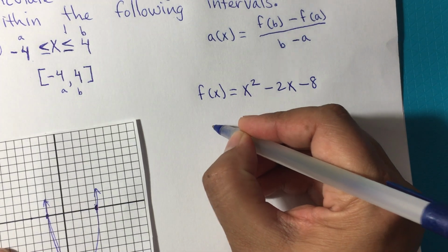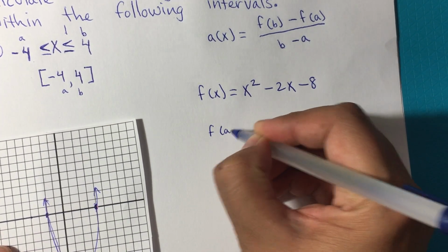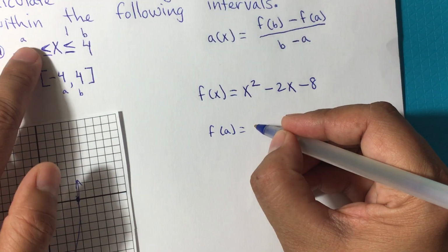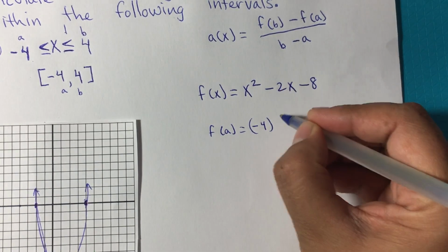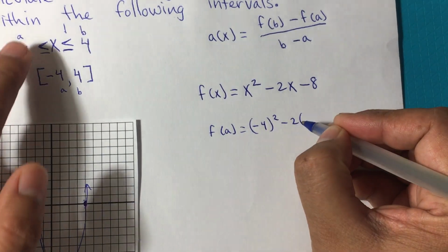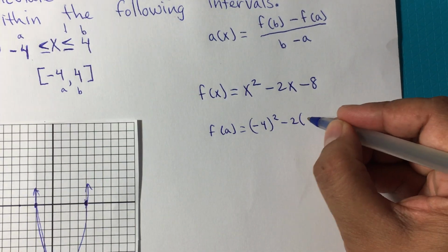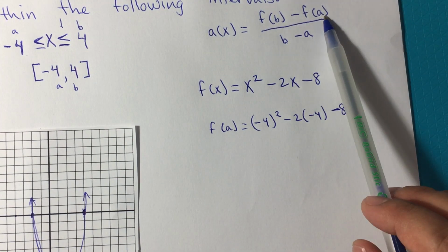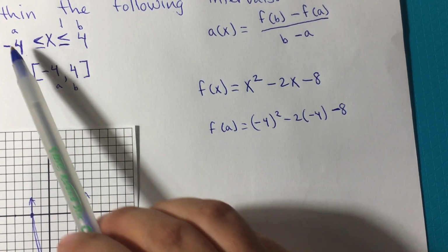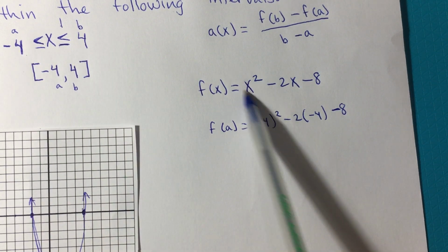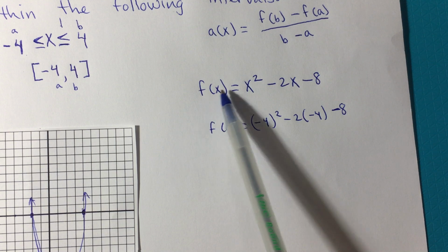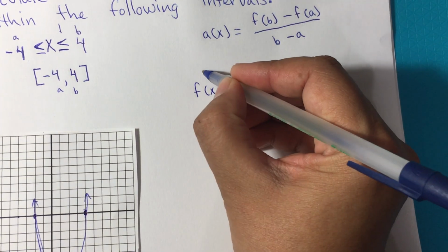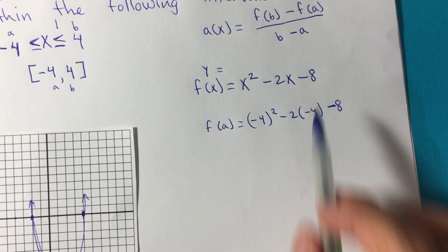So let's say f of a, meaning this value, will be negative 4 to the second power minus 2 times a again, which is negative 4, minus 8. So basically to find f of b and f of a, we just substitute these values that they give us into our equation. And that's going to give us f of x, meaning the value for y. Basically, remember that f of x is the same as saying y equals in that function.